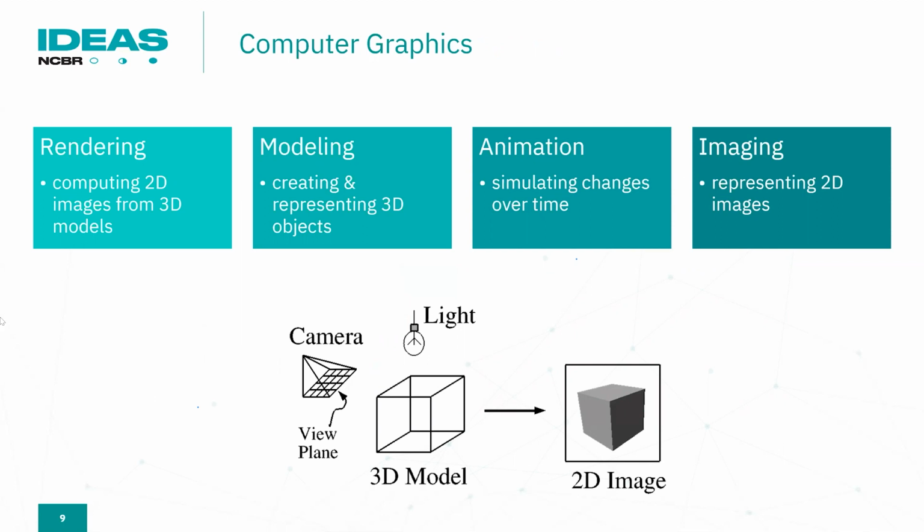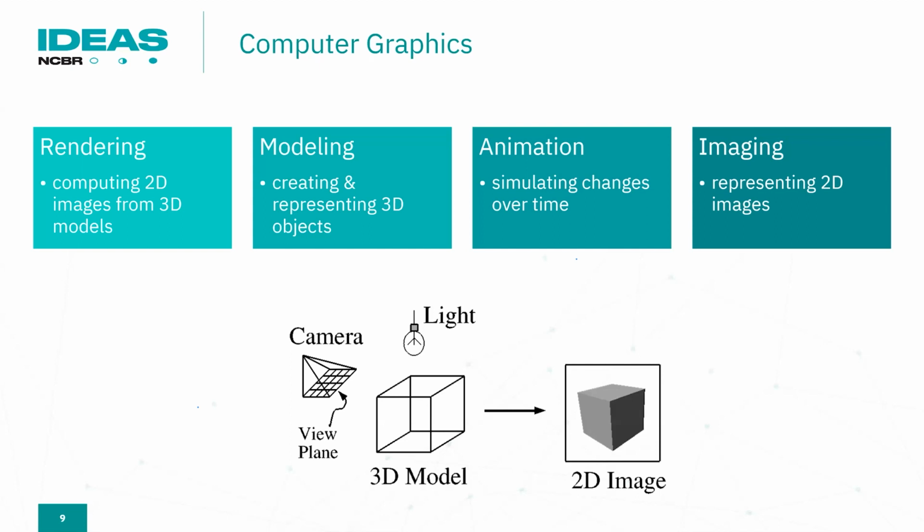Generally, we could divide graphics into 4 major areas. There is rendering, which is computing 2D images from 3D content. There is modeling, which is the creation of the 3D content. Animation means moving the content, simulating how the content moves over time.